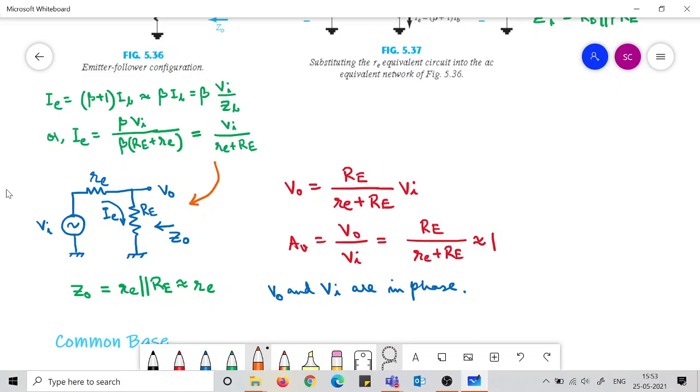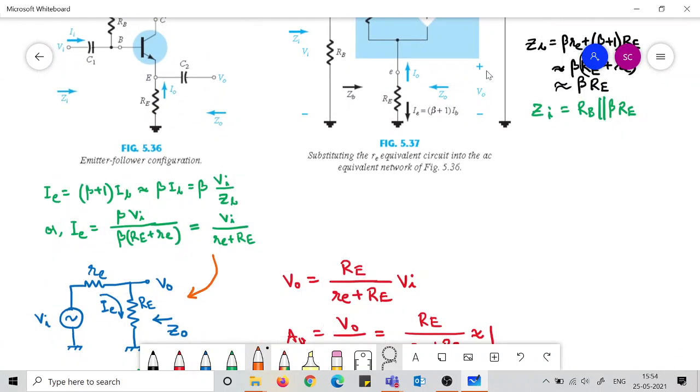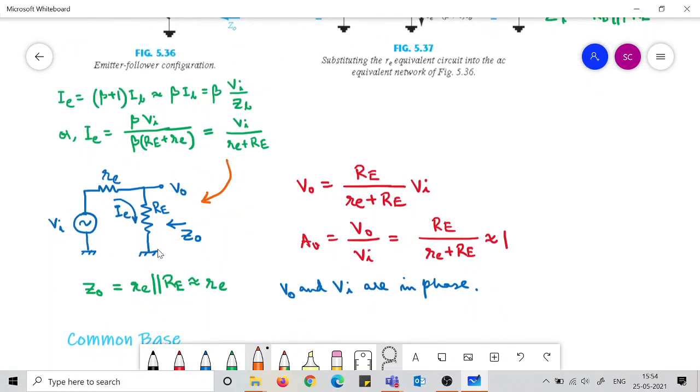We have a resistance capital RE, and the IE current flows through this loop and produces an output voltage across the RE resistance. Please see this. So this output voltage is across the RE resistance, and now the input impedance has to be seen from this point.